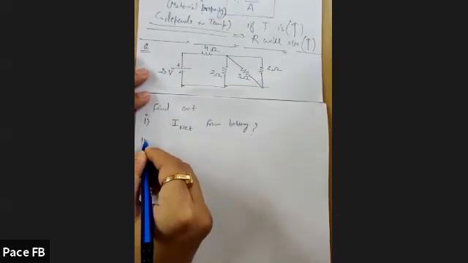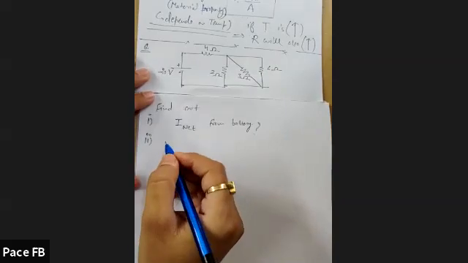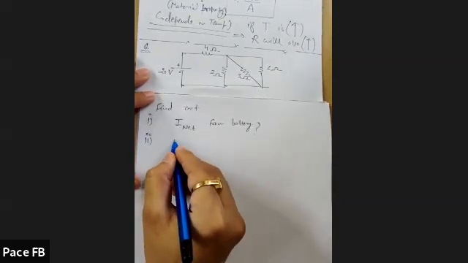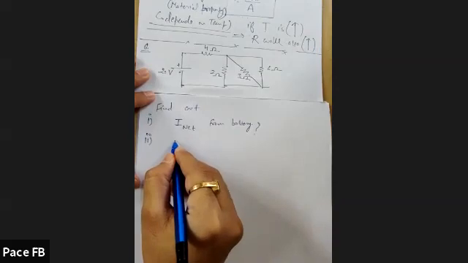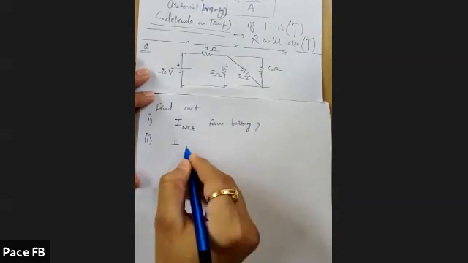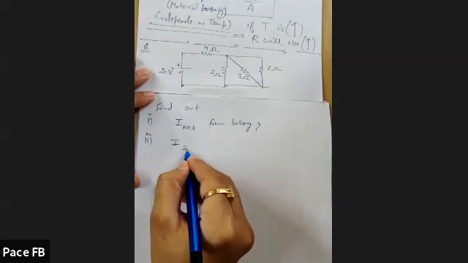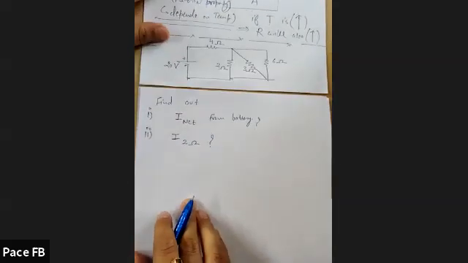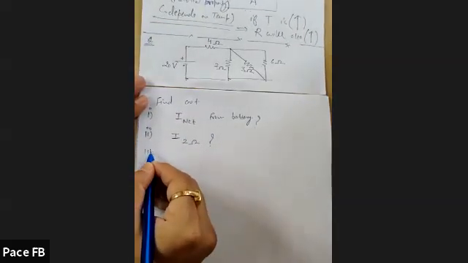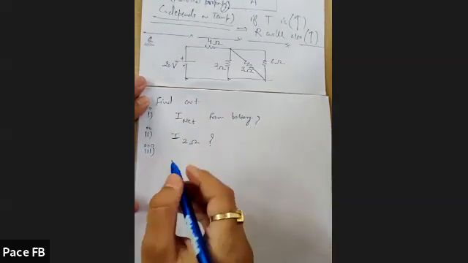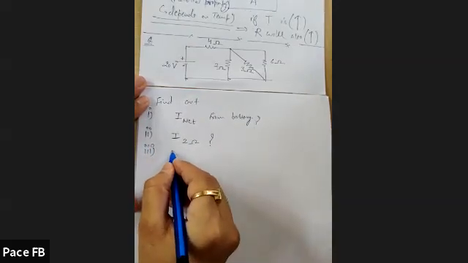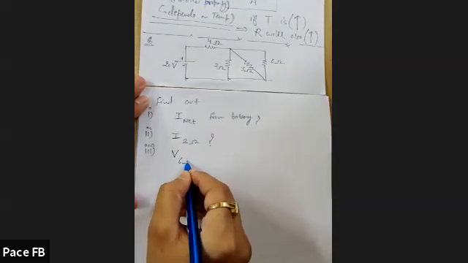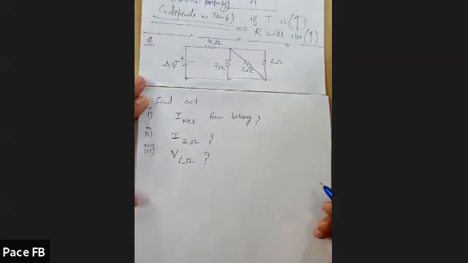The second one is to find out the current passing through the 2 ohm resistor. And the third one is the potential difference across 6 ohm. Find out these three values.